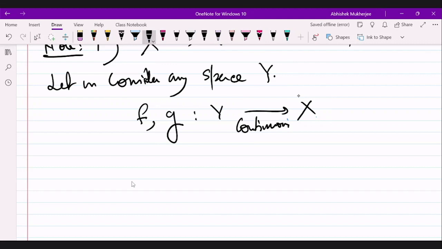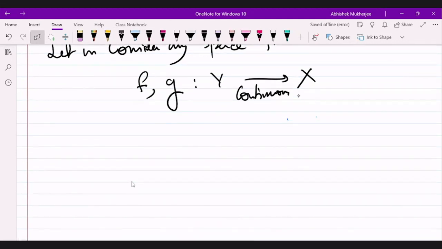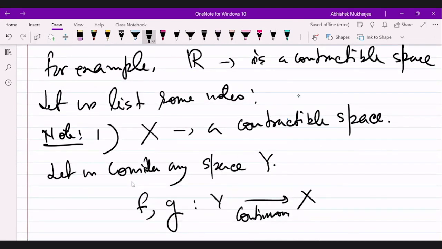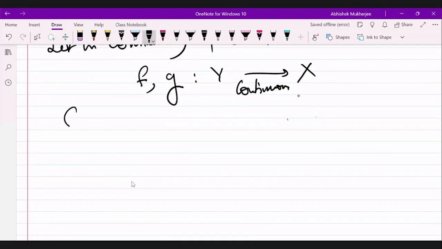Great. Now, these two maps will be homotopic. Why? Because you are having this benefit of having contractible spaces. That means the identity map will be null homotopic. So since Ix is null homotopic, suppose it is homotopic to the constant map at x0.